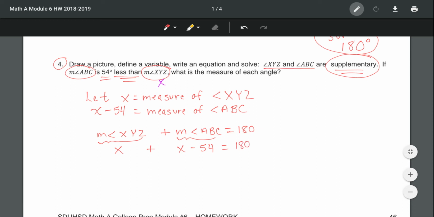So we need to solve for x. So add your like terms. x plus x would be 2x minus 54. I'm going to rewrite that as plus negative 54 equals 180. Now to solve for x, we add positive 54 to both sides.